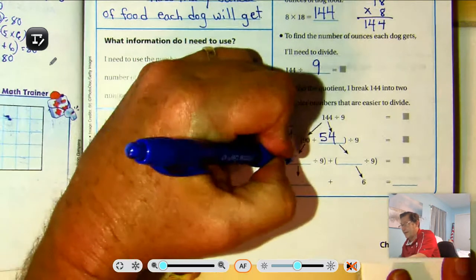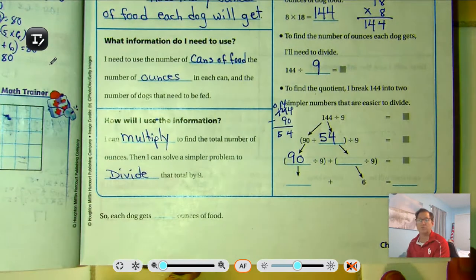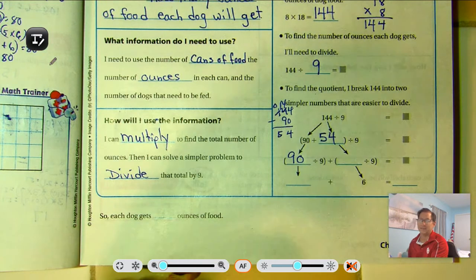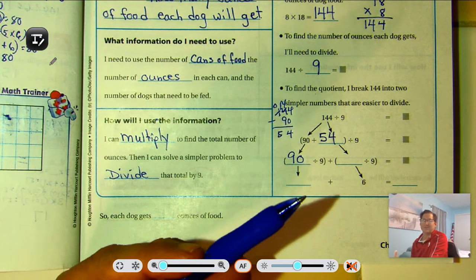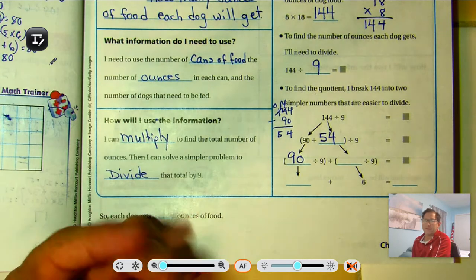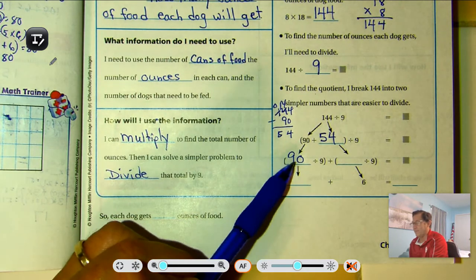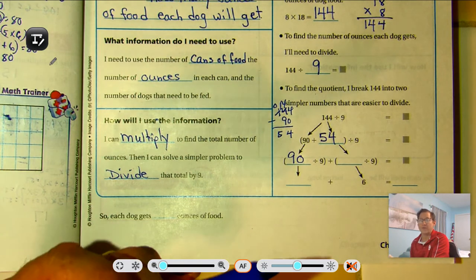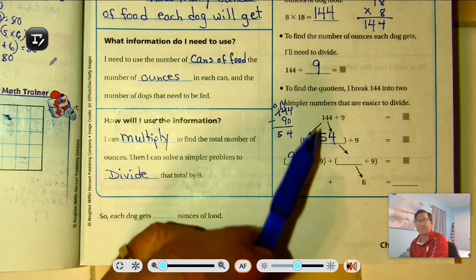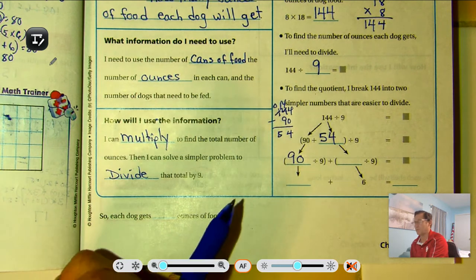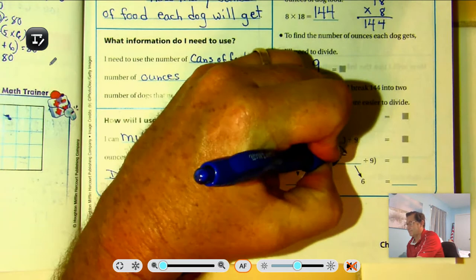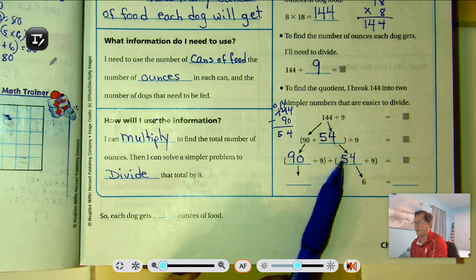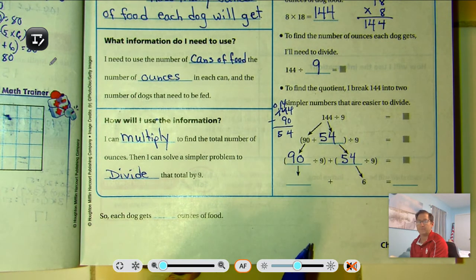So what we're basically saying is we have two smaller division problems rather than 144 divided by 9. Is dividing 144 by 9 difficult? Not really. But we're getting into the idea of if I had a difficult or larger number, I can break it up into two smaller division problems. So 90 divided by 9 and 54 divided by 9. Remember, if we add those two back together, it's 144.